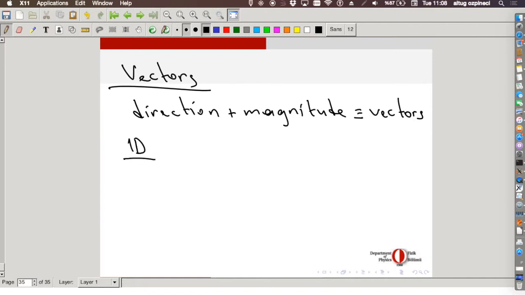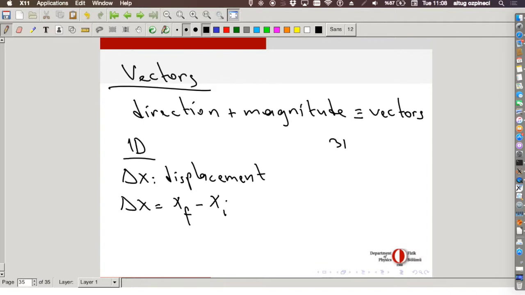Now, if you remember what we did in the one-dimensional case, we talked about delta x, the displacement. And we defined delta x as the final position minus the initial position. In the 3-dimensional case, or even the 2-dimensional case, we will again talk about the displacement. We will show it in this form. This will be our displacement vector.